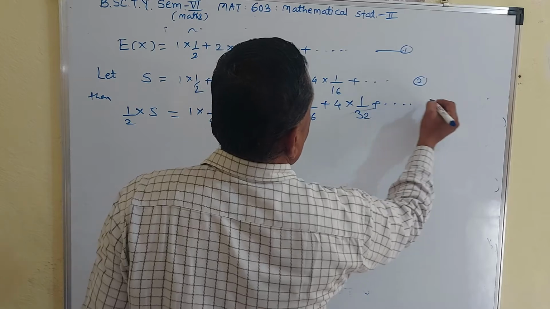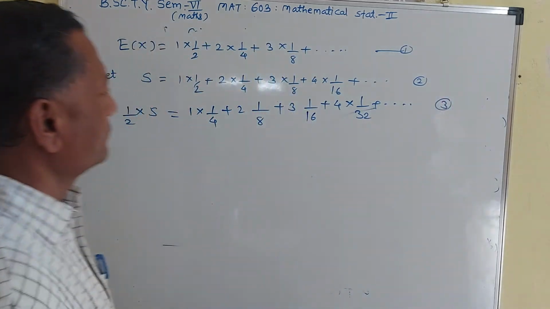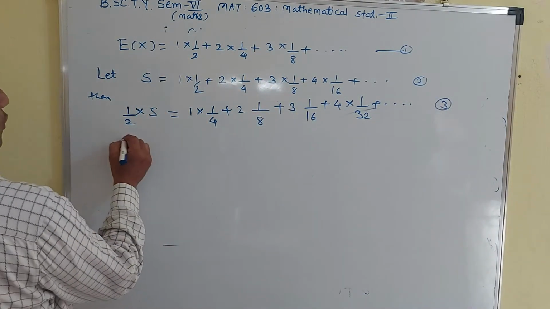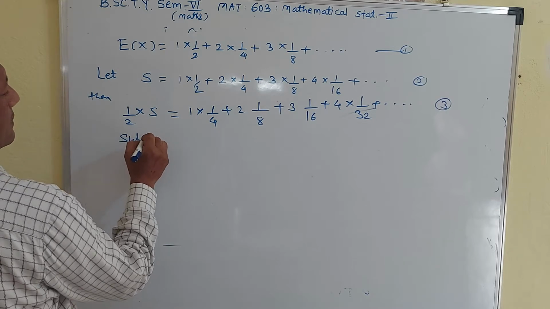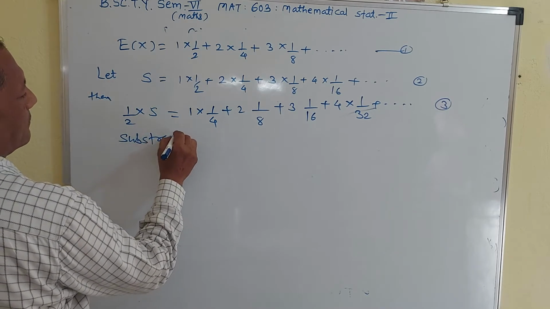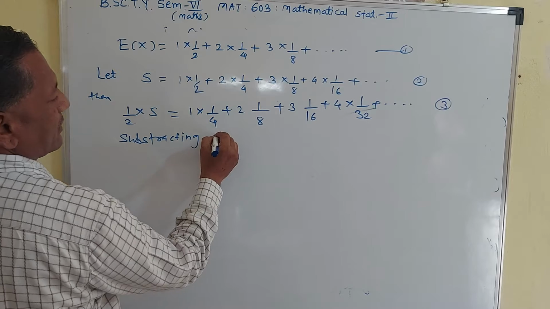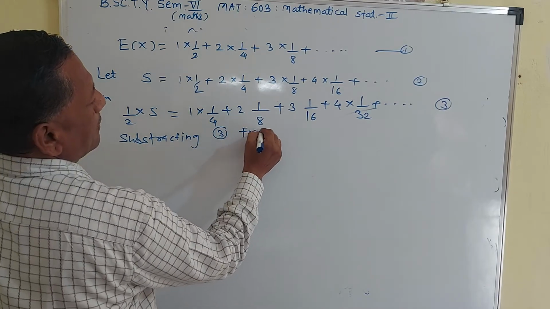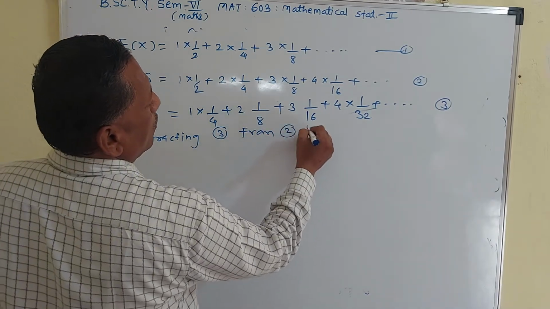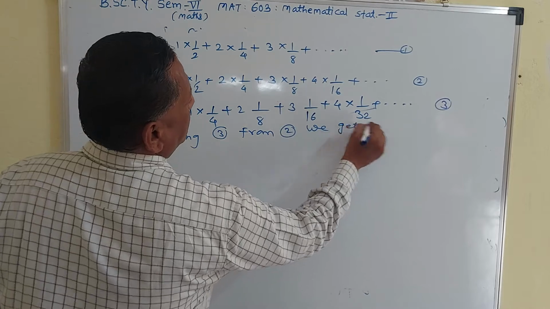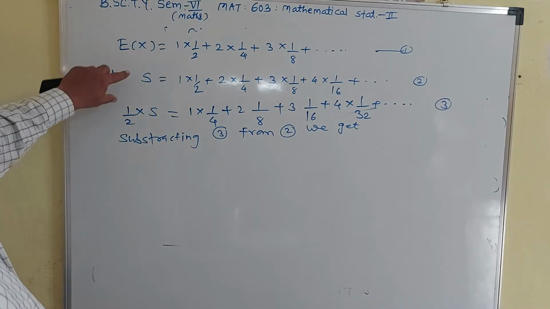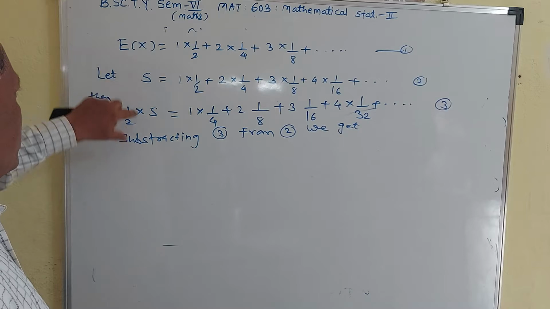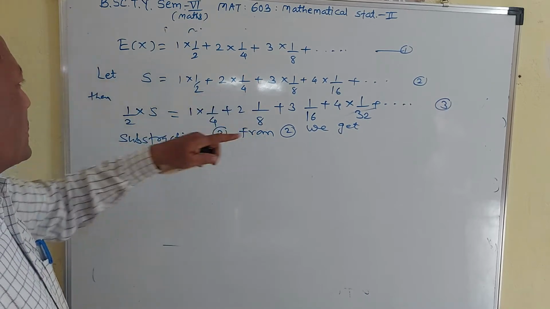Suppose this is number 3. Subtracting equation 3 from 2, we get, so you subtract left side from left side and right side from right side of each term.